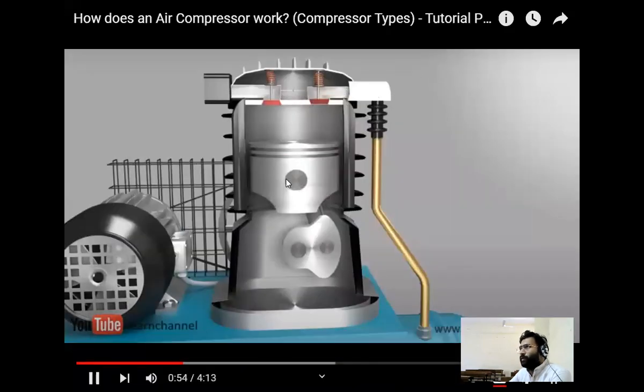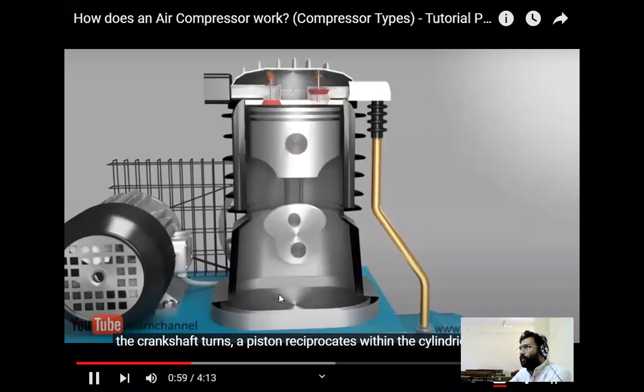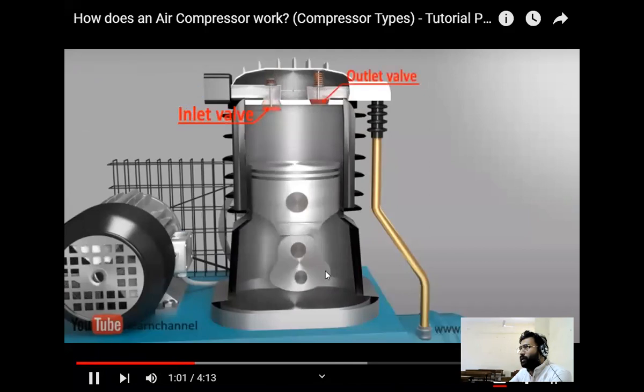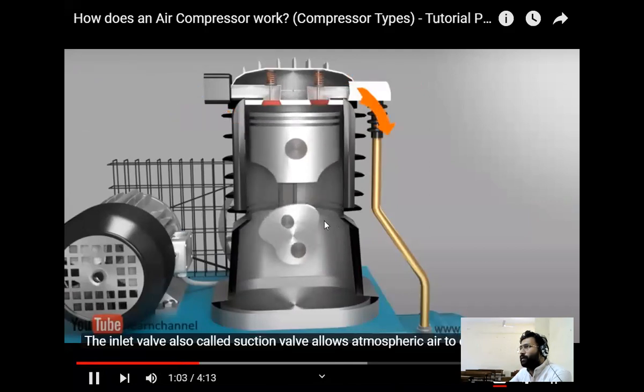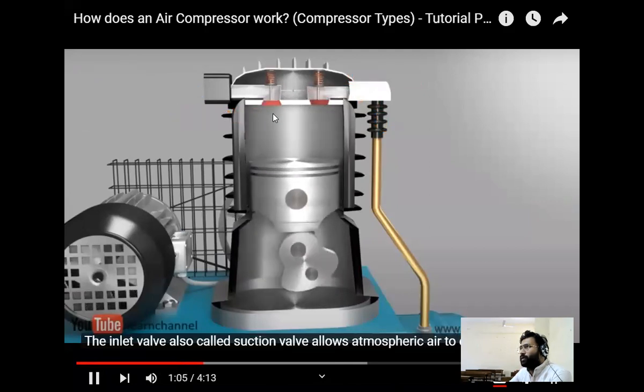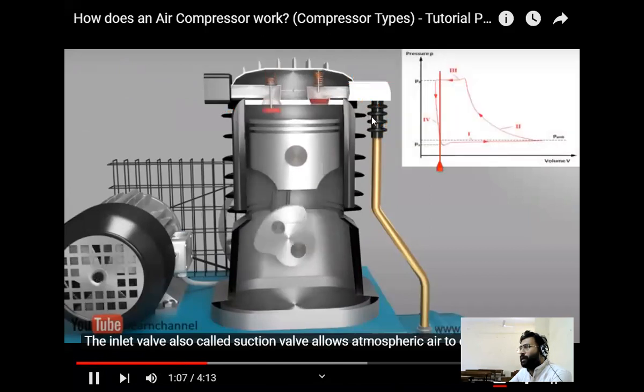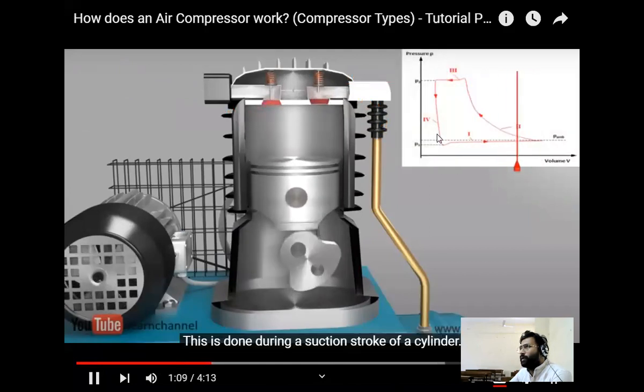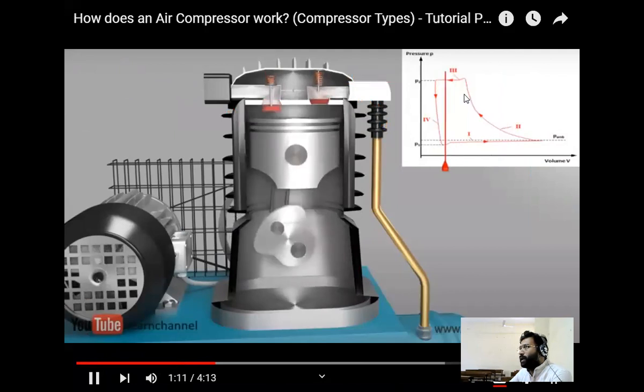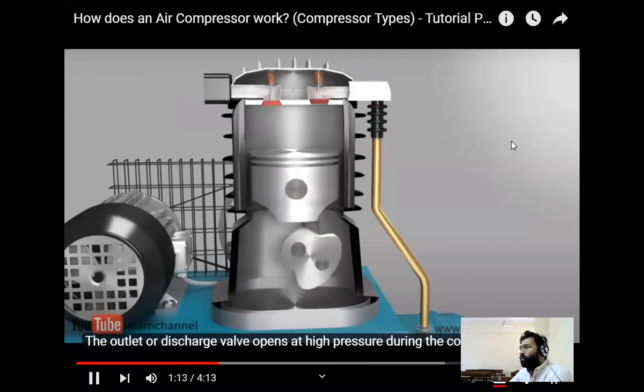This is a reciprocating air compressor piston, and this is a cylinder. Then there is the crankshaft. This is a connecting rod, and this is the crank. Inlet valve, suction, then compressed air, then outlet. This is a discharge valve. This is the indicator diagram, the actual indicator diagram. Okay, 1 to 2 that way.